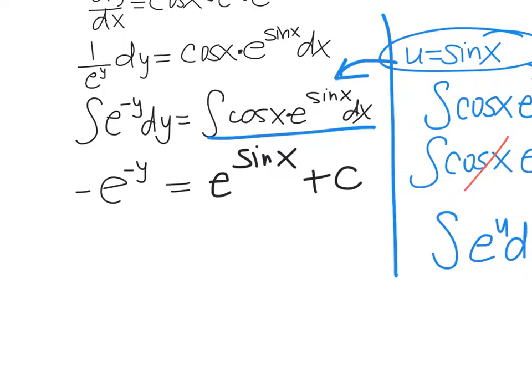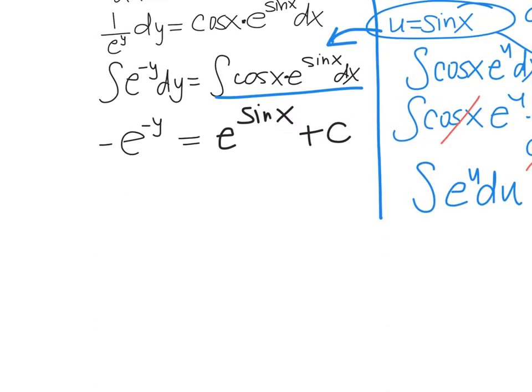So, all right. Now we still have to solve for y. Well, first we solve for c. What was the point I gave you? The point was 0, negative 1. All right, so we get negative e to the negative 1 would be negative e to the 1 equals e to the sine 0 plus c.